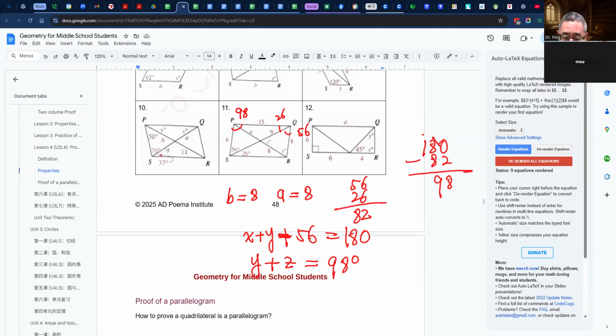And so we got X plus Y plus 56 is the first one, 180. Let's see if we can find the other one that will give us. Okay, so we know this one is 98 also. Let me think. I think we're missing something. Let me check.